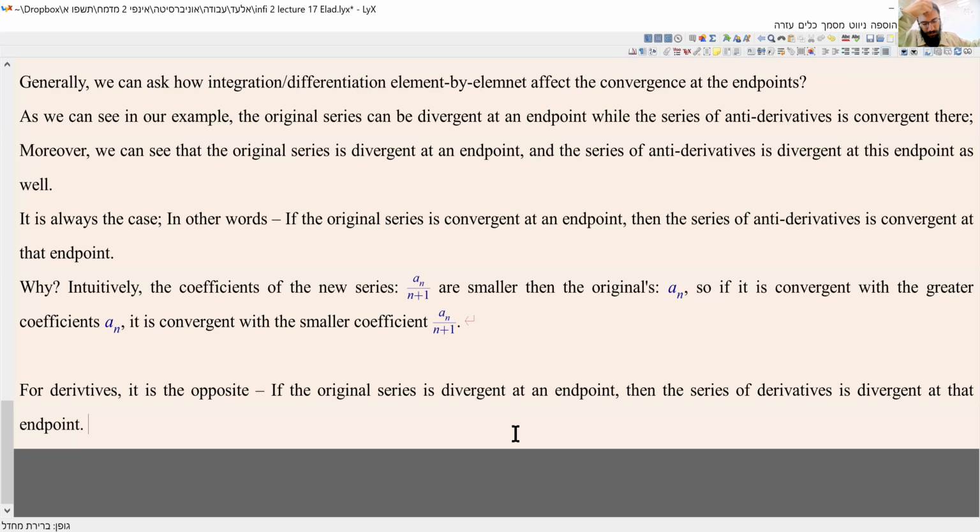And yet again, the intuition is the same.